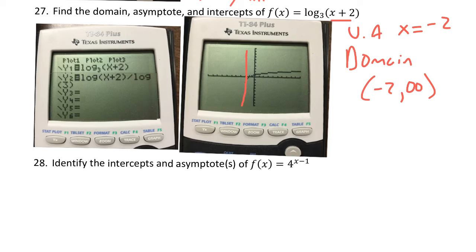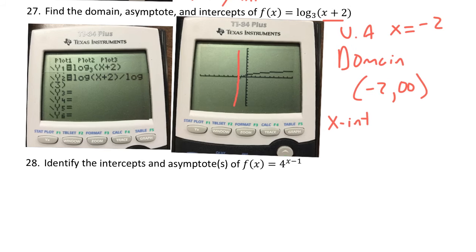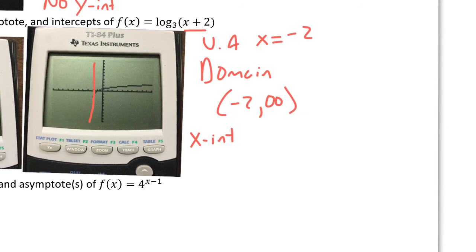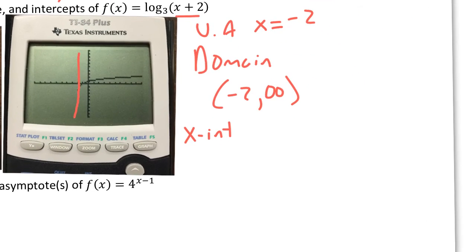And the intercepts, well, we would want to follow the plan for x-intercepts. And that plan would be to let y be 0. And then as you stare at a log problem wondering what the answer is, we turn it into an exponential.